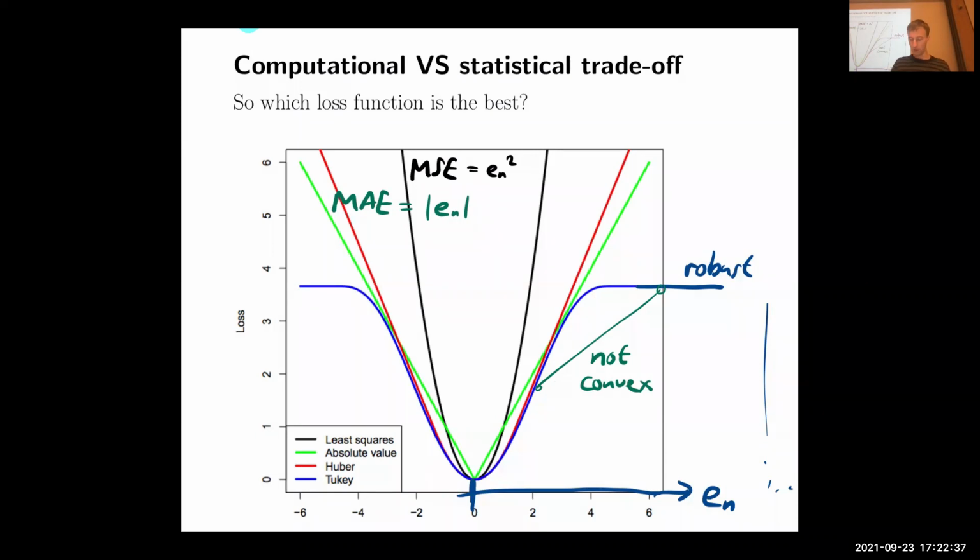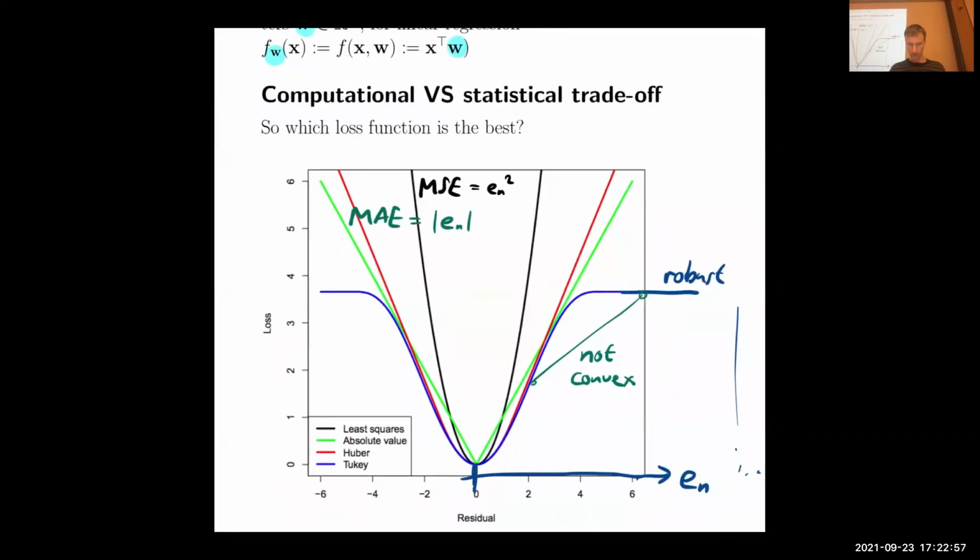The minimizer in the error is easy to find, but we want to find the minimizer in the weights, right? There's a more complicated model which makes a prediction, and then we measure the error, and then we have the cost we pay. So that's this for different cost functions.